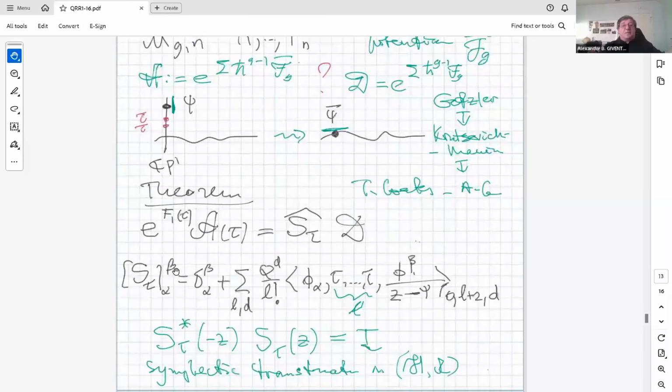You take its logarithm, it becomes an infinitesimal symplectic transformation, and it corresponds to a quadratic Hamiltonian. You quantize it and take the exponential, and that's what this S tau hat means. This is the relationship between descendants and ancestors.